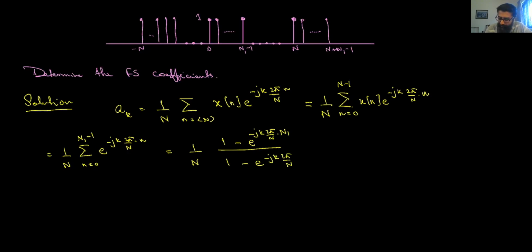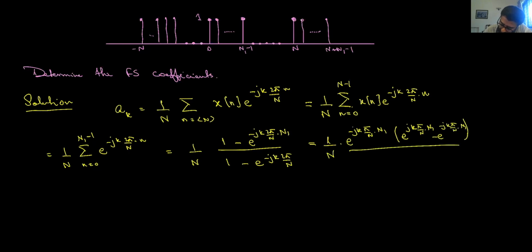Now, how do I simplify this further? So we can take half of the angle outside and then write 1 in terms of e to the power plus exponential multiplied by e to the power minus exponential. So this is what I'm going to take outside in the numerator. So this is e raised to power plus j k pi by n times n1 minus e raised to power minus j k pi by n times n1.